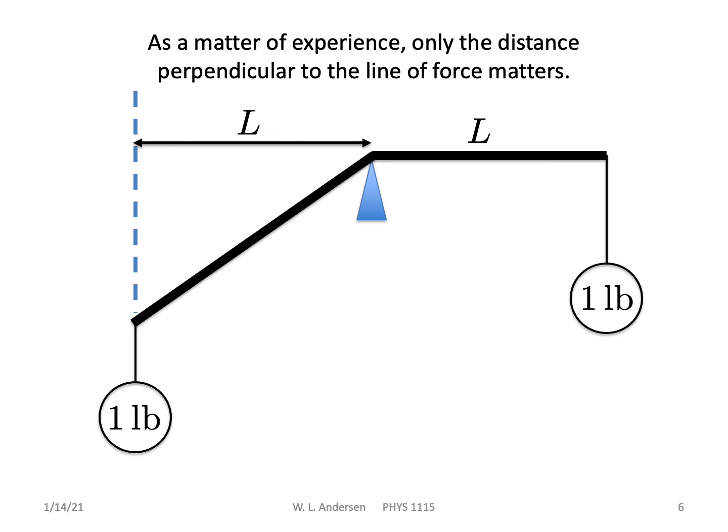Along that dotted line, you find the point that's closest to the axis of rotation, the fulcrum there, and that distance is what counts. So it is, again, a matter of experience, not subject to deduction by some symmetry argument, but a matter of experience. This particular lever would also be in equilibrium.